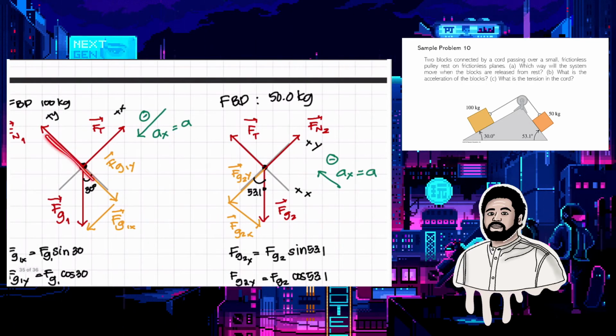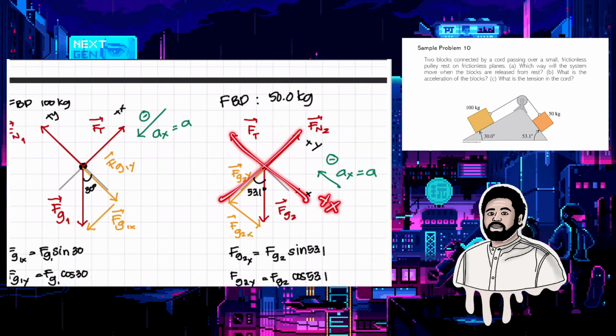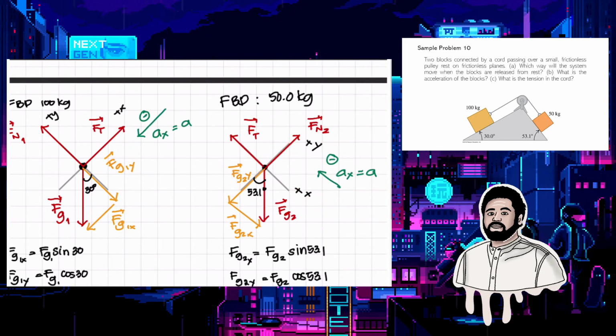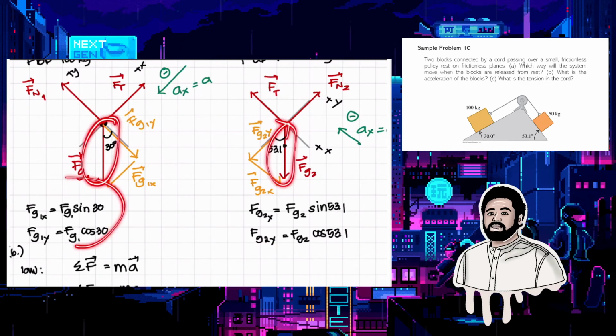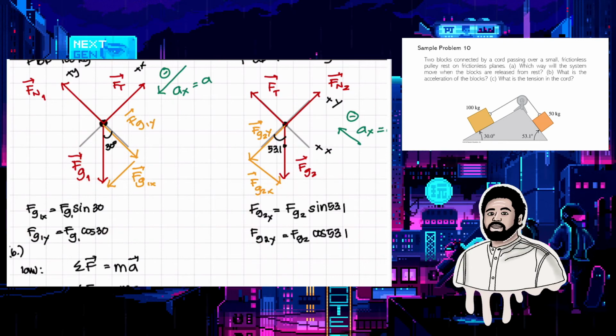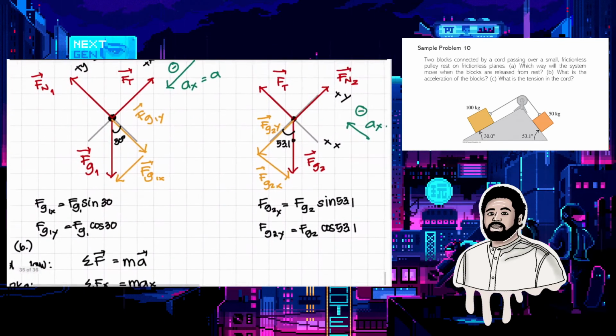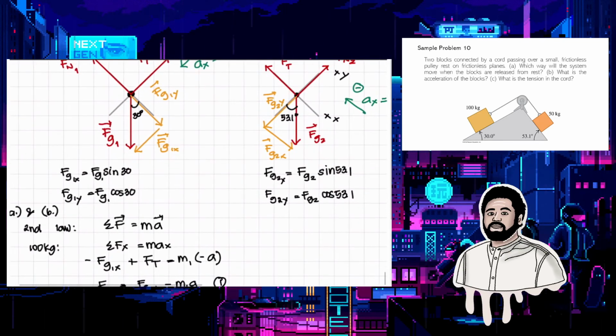I have here my positive x and negative x, positive y, negative y. Meanwhile, for my 50 kilograms, this is my x and y. I have your positive x, positive y, negative x, and then negative y. Just be careful with that one. So, we have to decompose the pull of gravity. So, we now have these four equations here. Okay? So, let's solve for letter A and letter B.